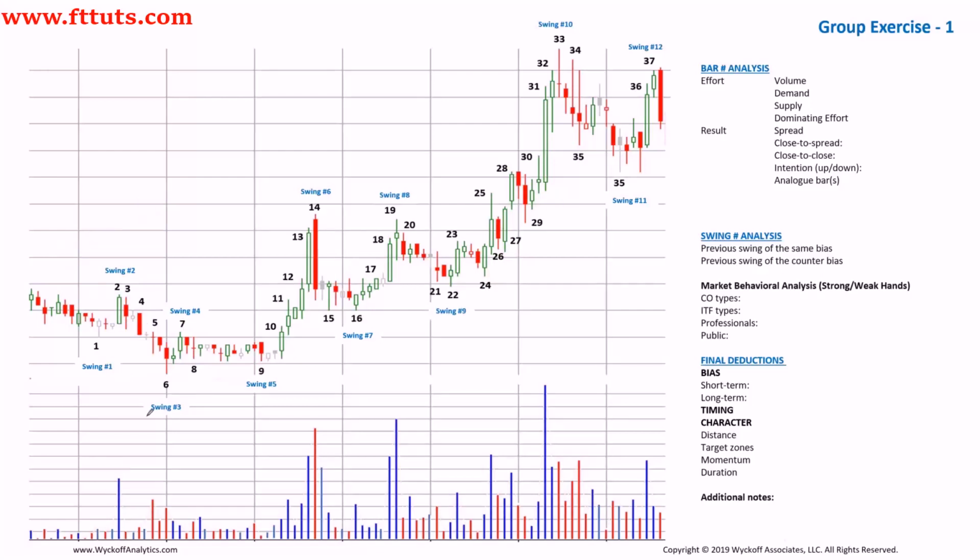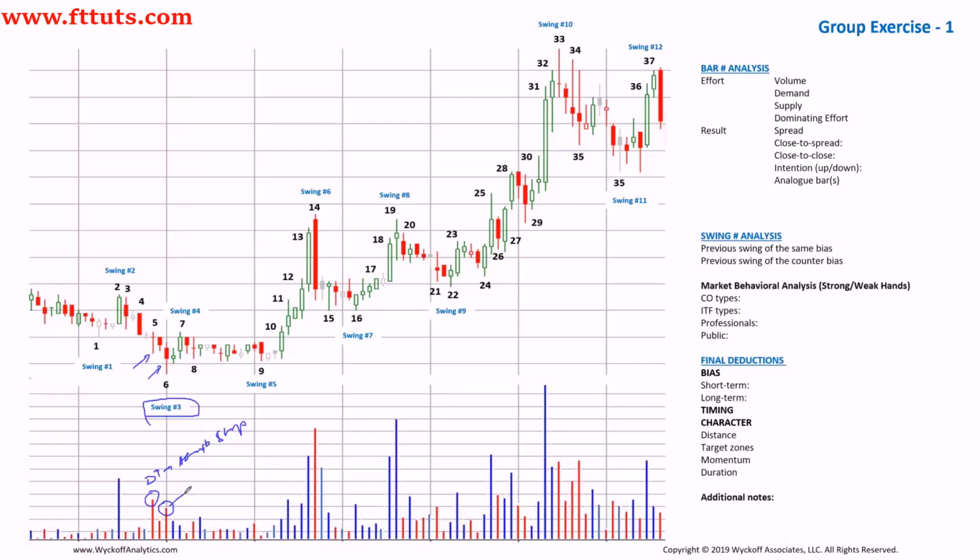In swing number 3, we see that at the end, starting with bar number 5, there are attempts to stop the price from moving further down. What does this attempt mean? It means that the demand is increasing and starting to absorb supply at this point. Then on bar number 6, we see the same pattern where demand is coming in and we see this demand tail.